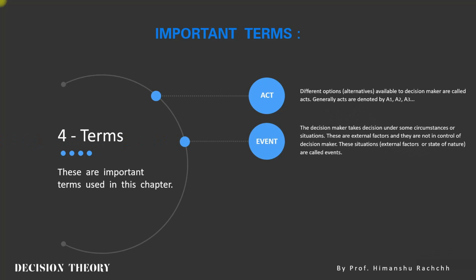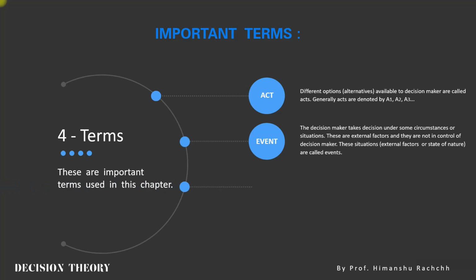The decision maker takes decisions under some circumstances or situations. These are external factors and they are not in the control of the decision maker. These situations or external factors are called events. See friends, different options are known as acts and different situations, different circumstances are called events.